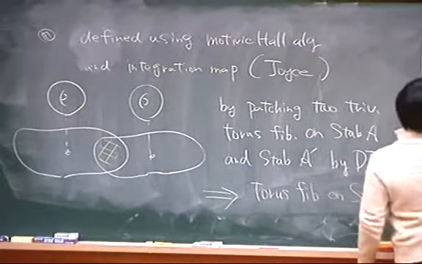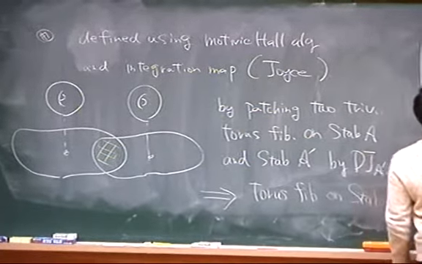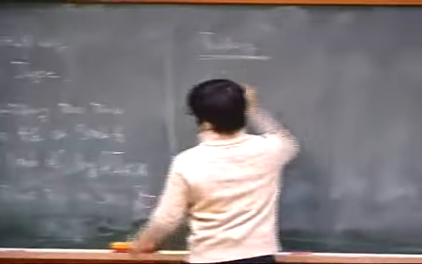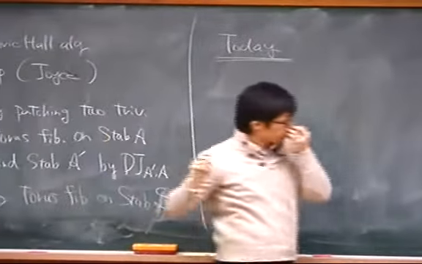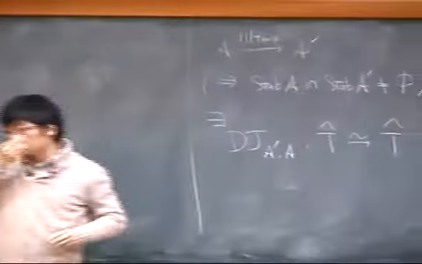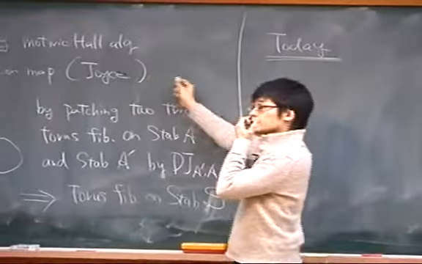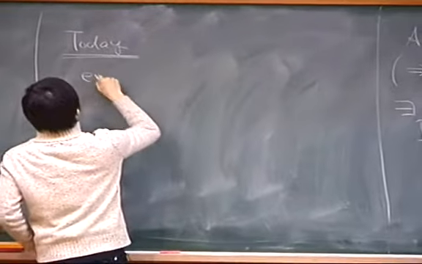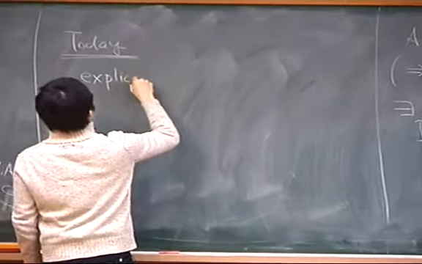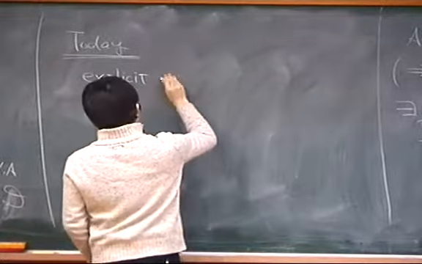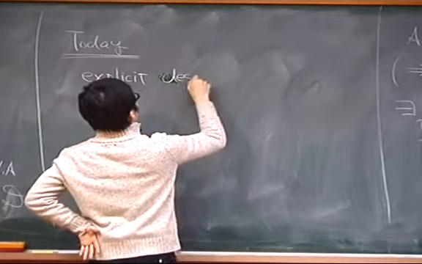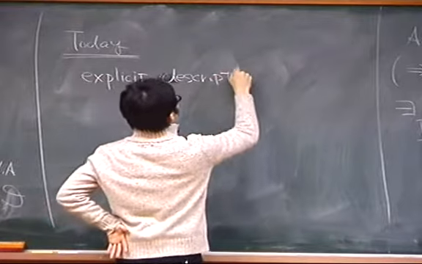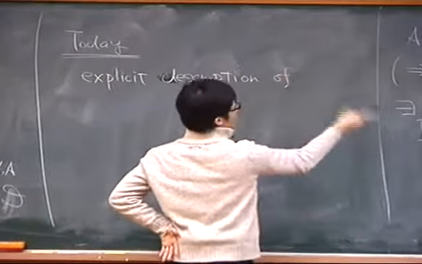What I'm talking about today is, as I said, this torus automorphism is given in an abstract way. So today I will give an explicit description of this torus automorphism.